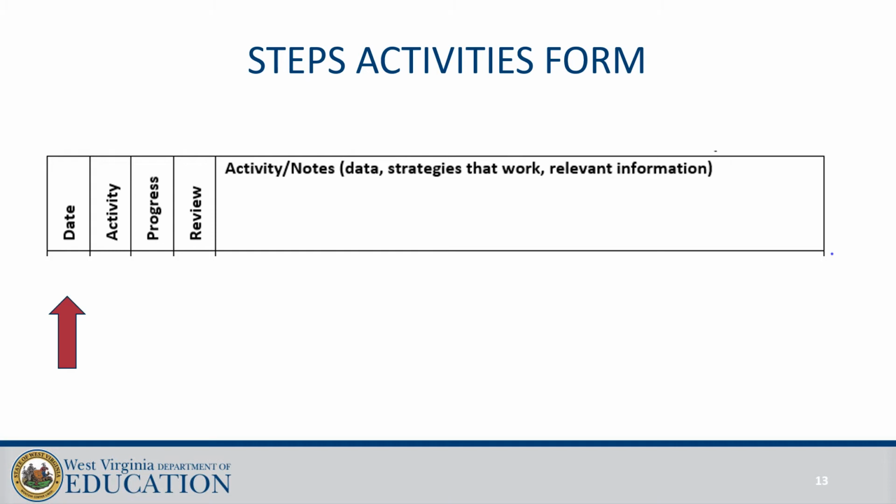The first column includes the date of any of the services, whether it's a direct service, a consultation, a review, or an assessment. The next column is the activity column. The progress column would be used to estimate the progress during intervention sessions or progress identified during assessments.